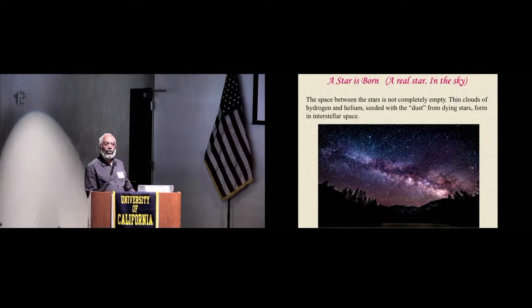It's extremely small particles of things like silicon and carbon and so on. And those particles come from actually dying stars. So the galaxy is also a recycling scheme in which stars produce this dust. It goes out in the interstellar medium, and then it's used again to make new stars and planets.